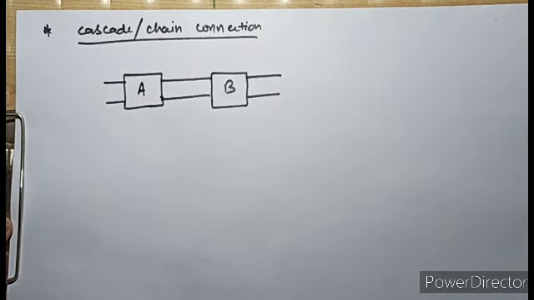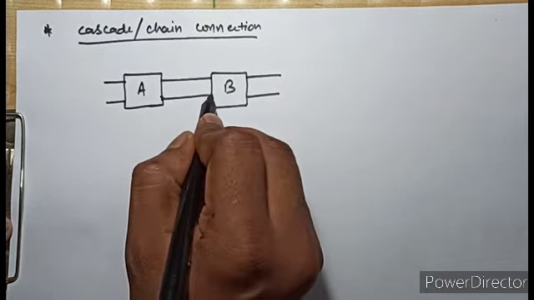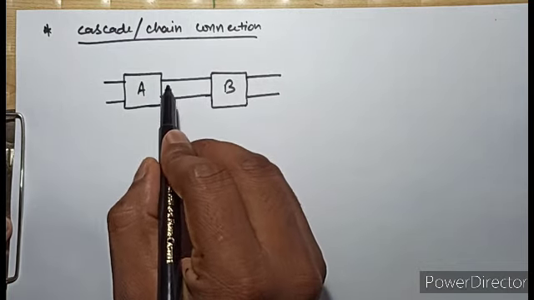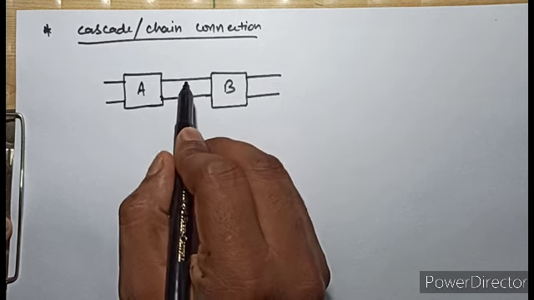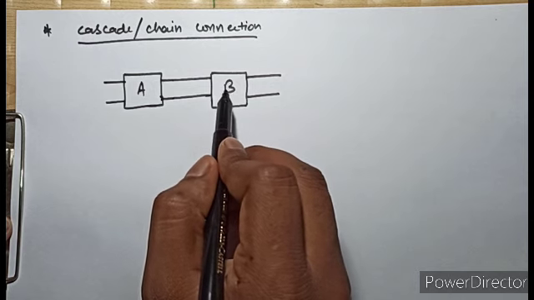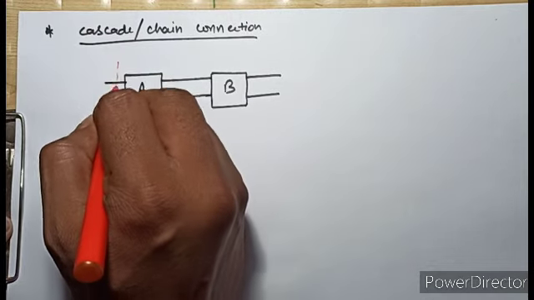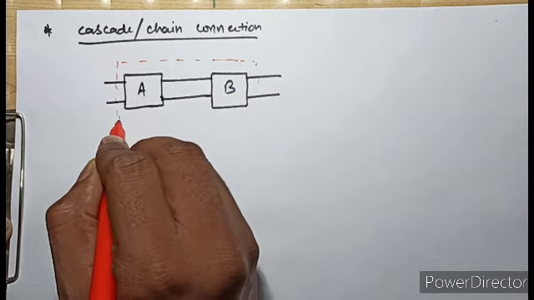If the output port of one network becomes the input port of the second network, then this type of arrangement will be called a cascade connection. See, this is the output port of network A, and at the same time this is the input port of network B. So this type of configuration is the cascade or chain connection.